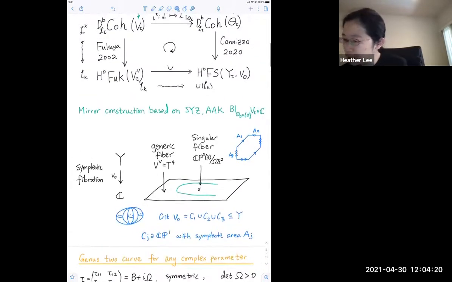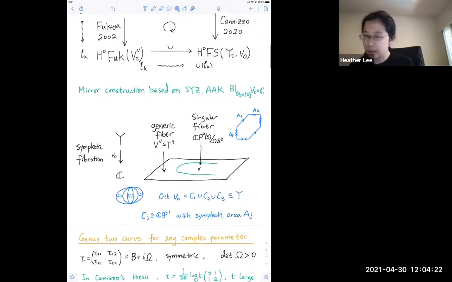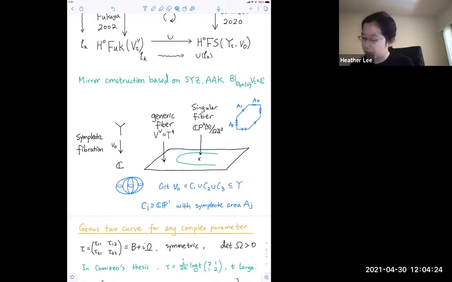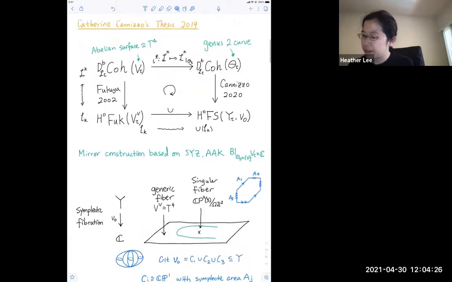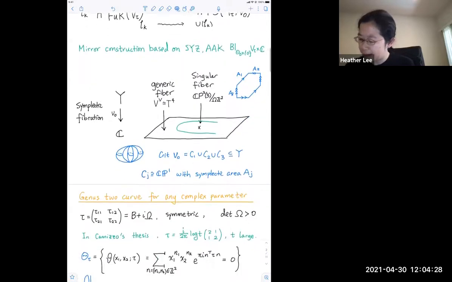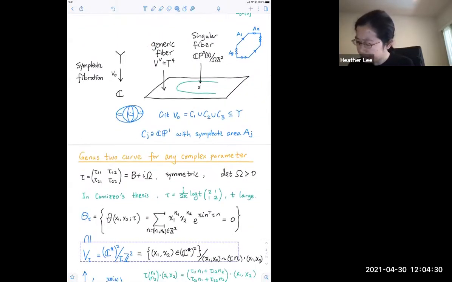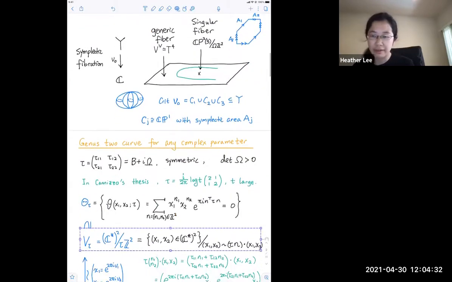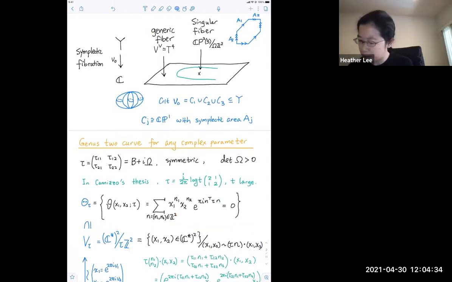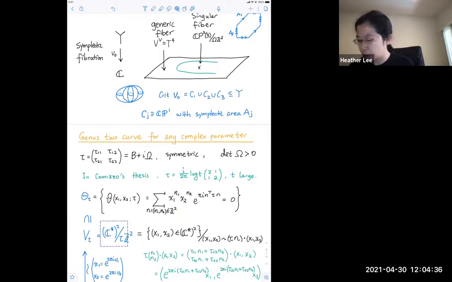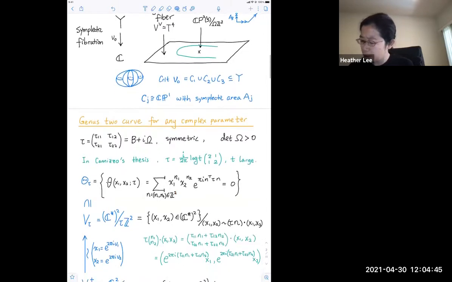So continuing this picture, as a multiplicative abelian variety, this V_τ can be defined in this way. V_τ is just (C*)² quotiented by τ times Z².